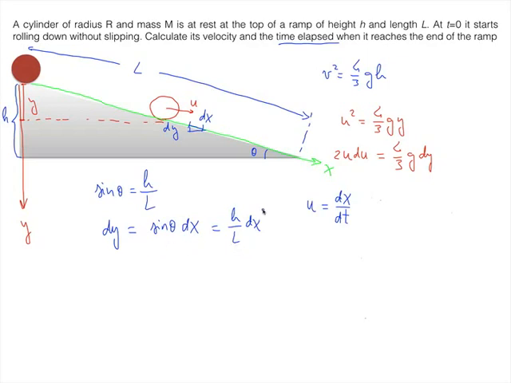Now, from this expression, we get that differential of x equals u times differential of time. And if we plug this expression in this equation, we get that differential of y equals h over L u times differential of t.